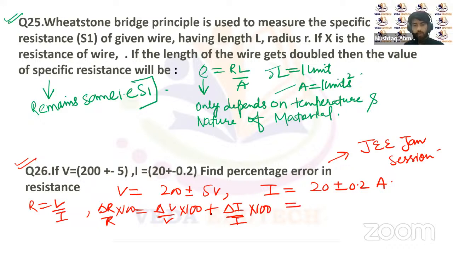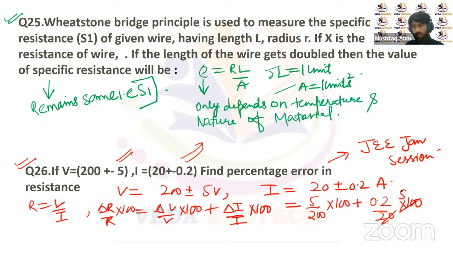We can see here, the delta V is given as 5 volts, and delta I is given here as 0.2. So delta V is 5 and V is 200, that's 500 upon 200, plus delta I upon I, that's 0.2 upon 20 multiplied by 100.